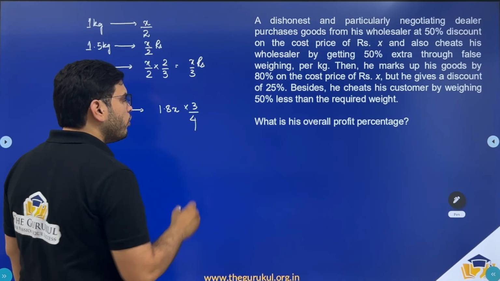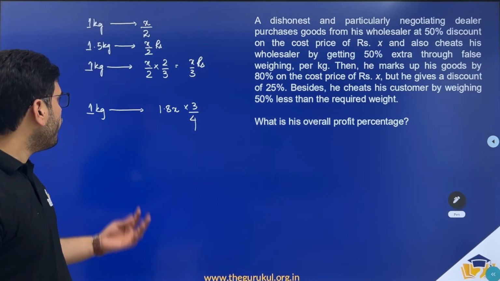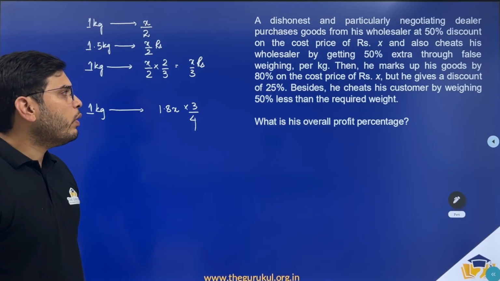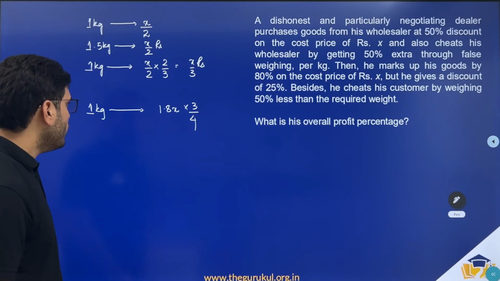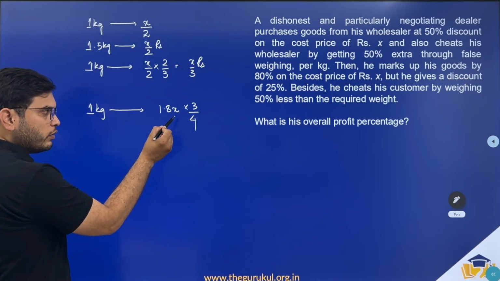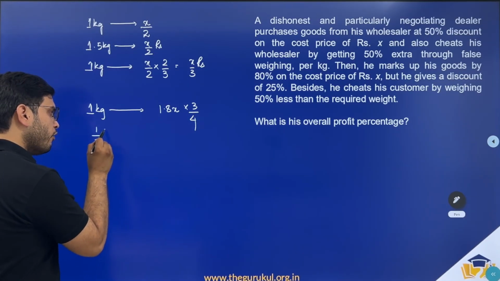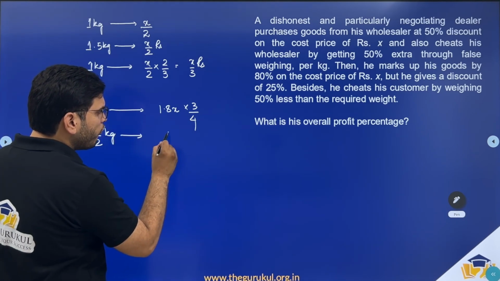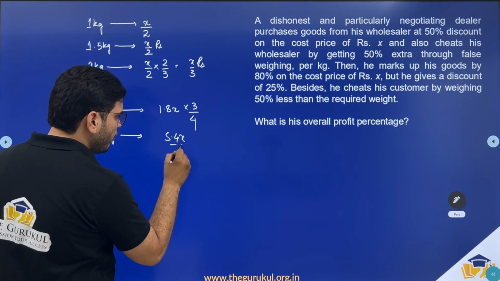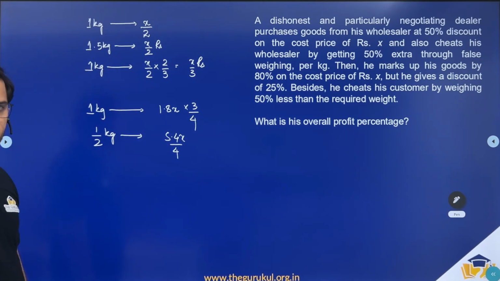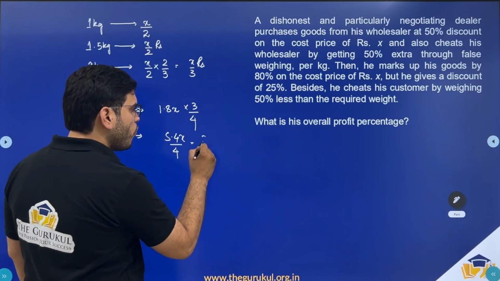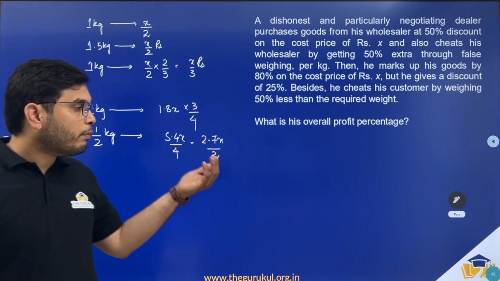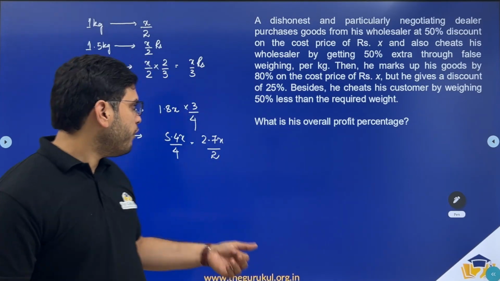So into 3 by 4 will give the actual selling price of 1 kg of goods, but he cheats his customer by weighing 50% less than the required weight. So he won't be weighing 1 kg for this price. He'll be weighing half kg only for this, 5.4x by 4, which is nothing but 2.7x by 2. This is the amount that he'll be getting from the customer for half kg.